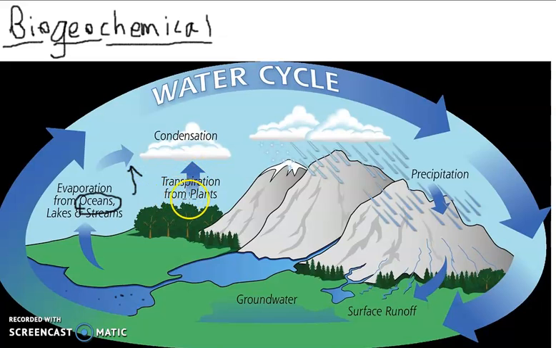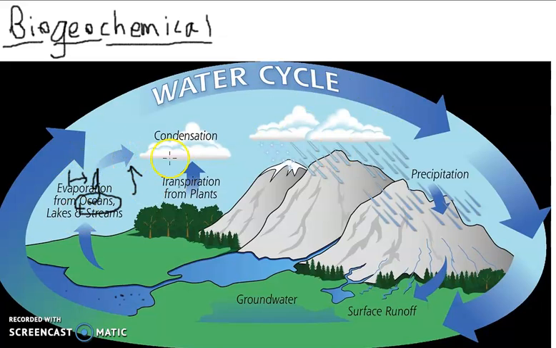Transpiration is the process of evaporation from plants, which is sometimes known as evapotranspiration, which is just evaporation of water with plants. You might recall that evaporation is the conversion of state from a liquid to a gas.